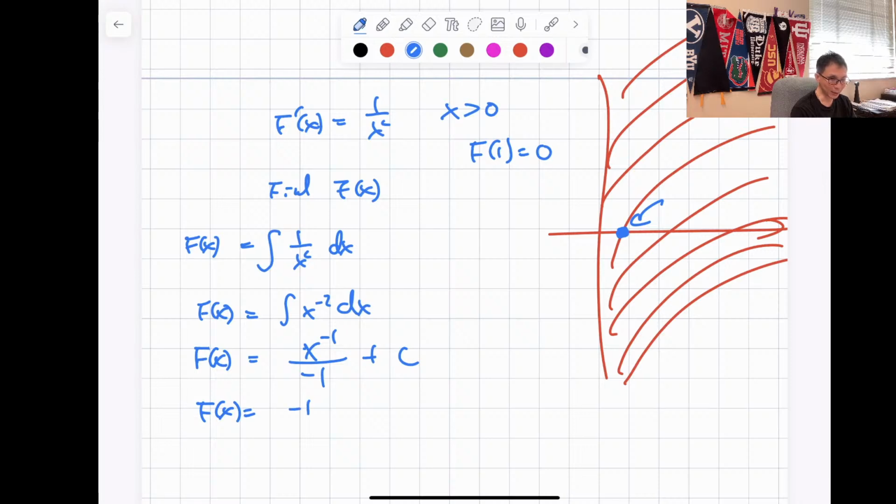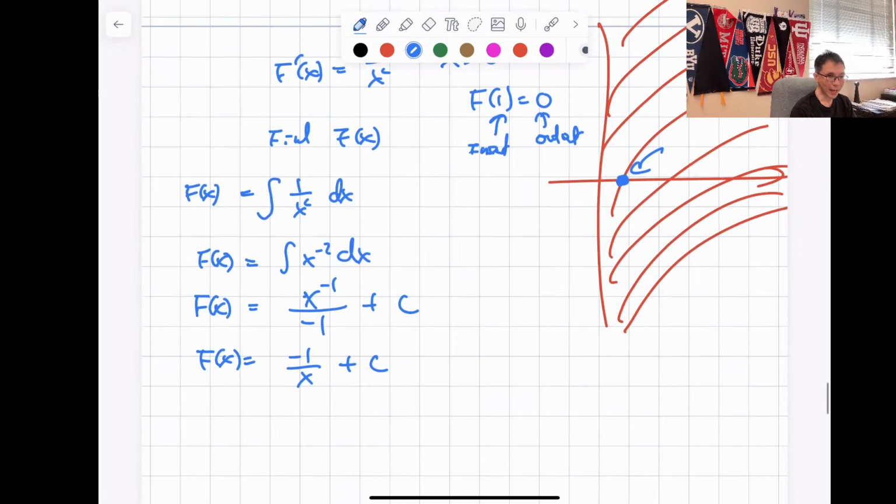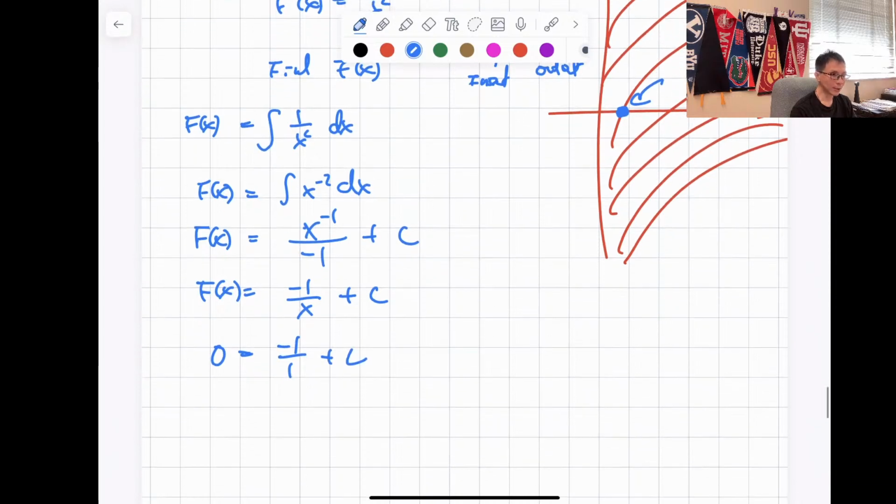So that's negative 1 over x plus c. They also give an input and an output, so f of 1 is equal to 0. That's negative 1 over 1 plus c, so c has to be 1. So the function has to be negative 1 over x plus 1.